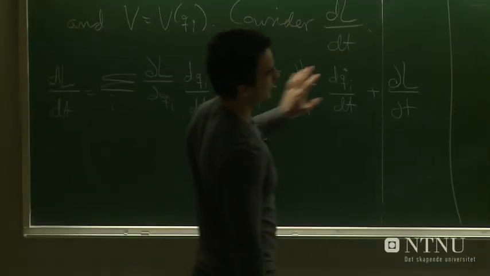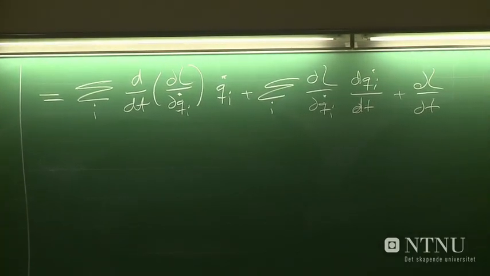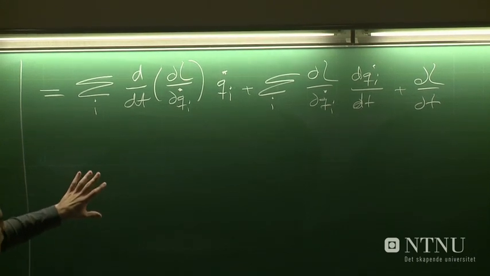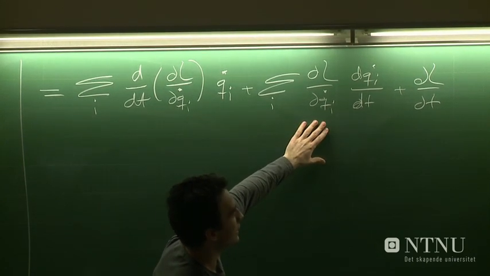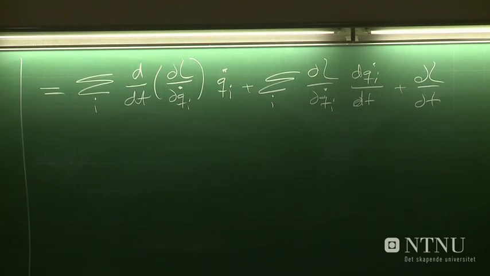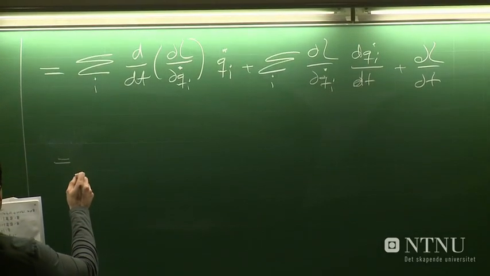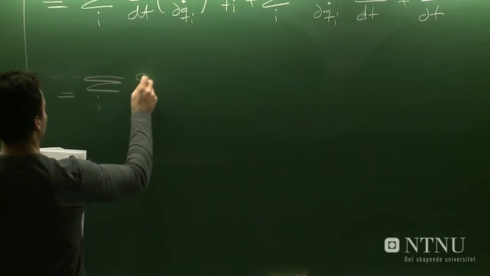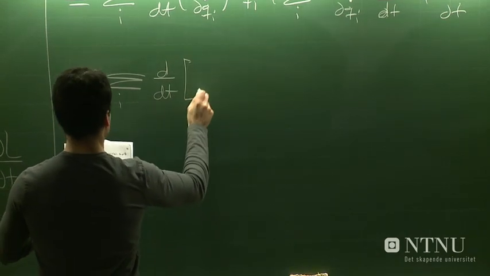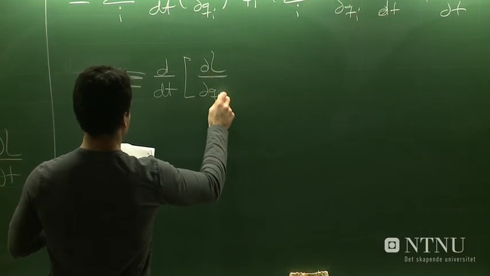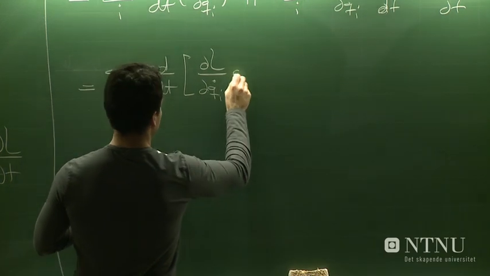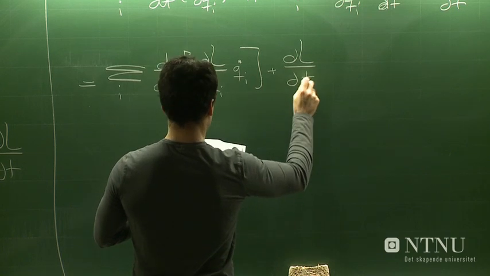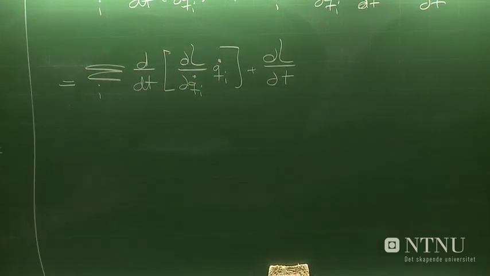So this one is equal to this one. And by doing so, I am able to combine the first two terms into one term, which is the total time derivative of a new term. Like this.